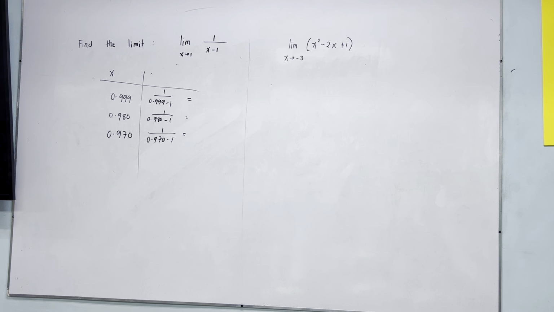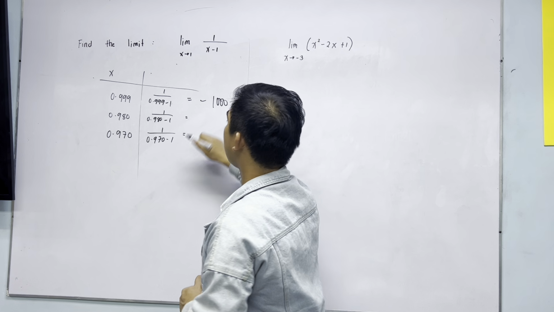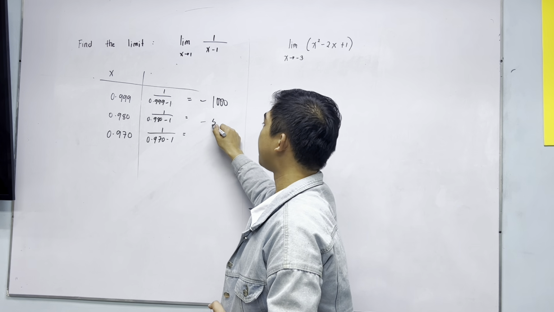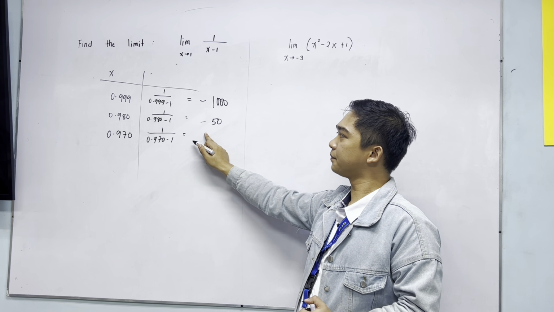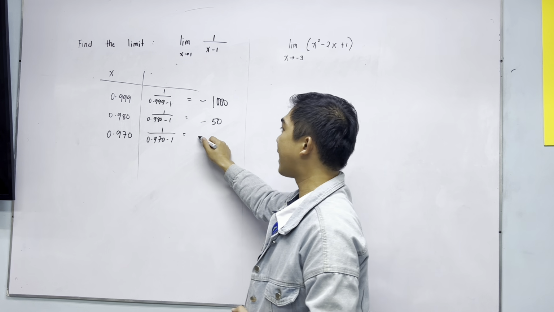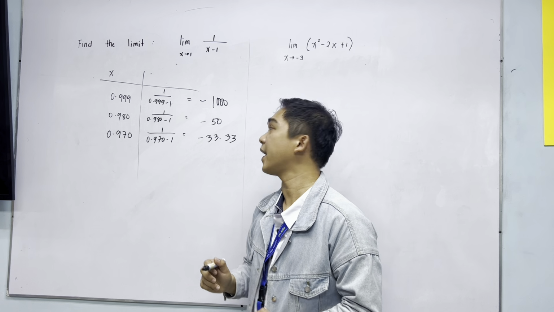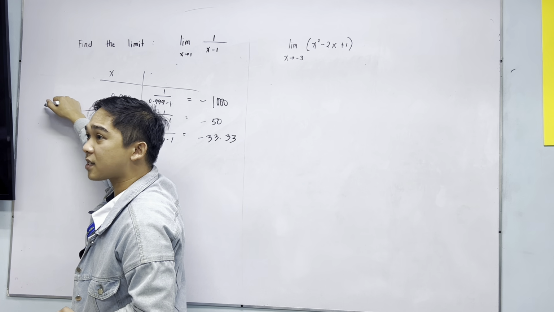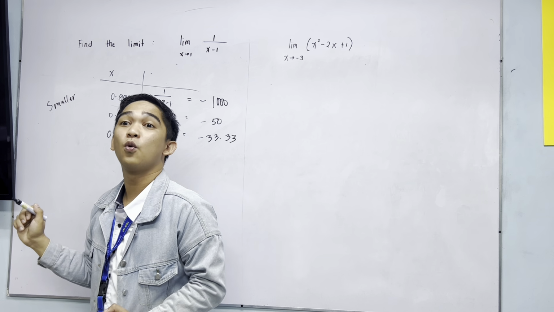So, dito ay negative 1,000. How about here? Negative 50. Dito? Negative 33.33. Tama? Okay. Ito yung mga approaching numbers to 1, pero mga smaller numbers approaching 1.